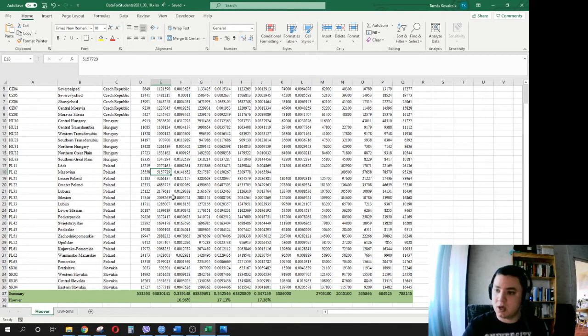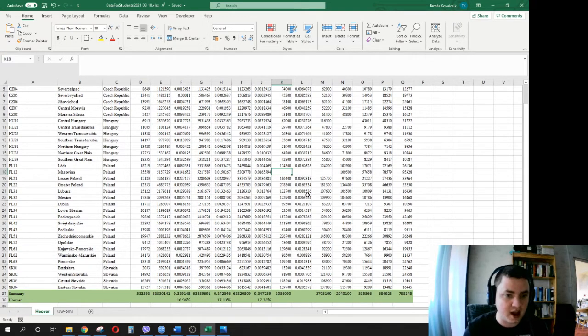So 0 means that we have no unemployed people in that area. But in this case, that is not the case. Sorry for the repetition, but here we don't have 0 unemployed people.